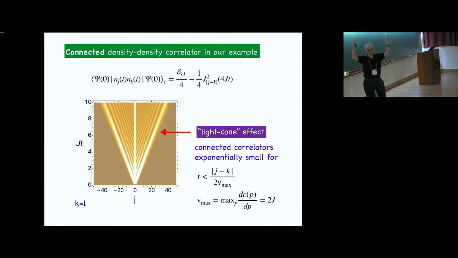It's not possible. We can talk about it later, but there are a number of papers who have actually seen the light cone effect in the Bose-Hubbard model. And it literally looks like this.